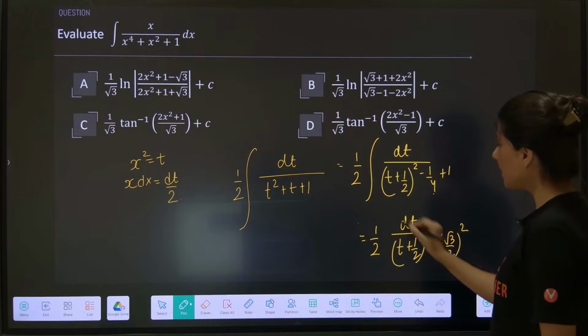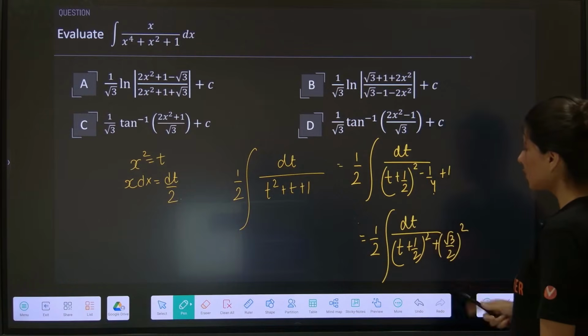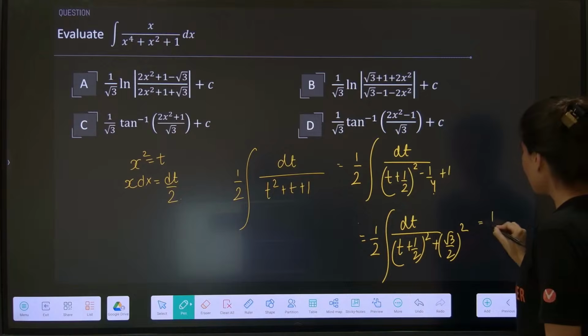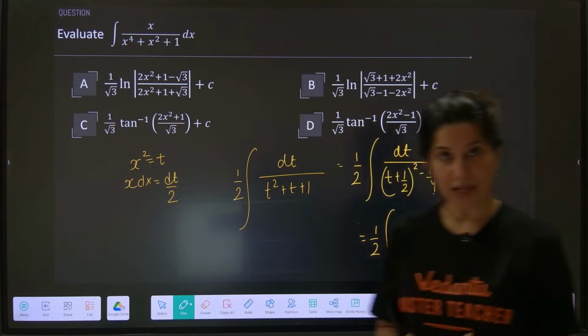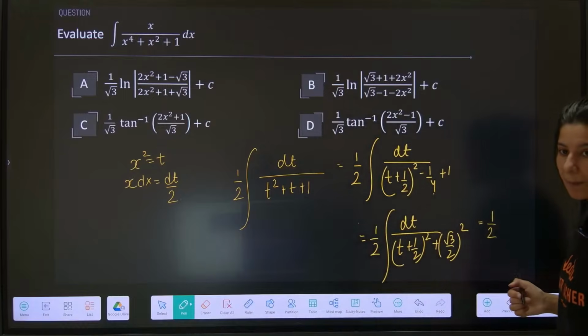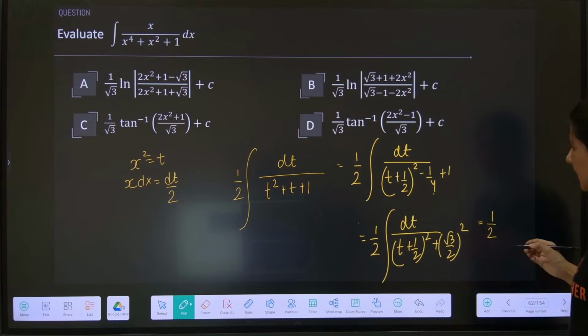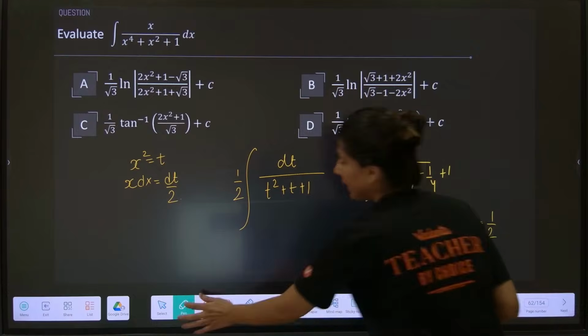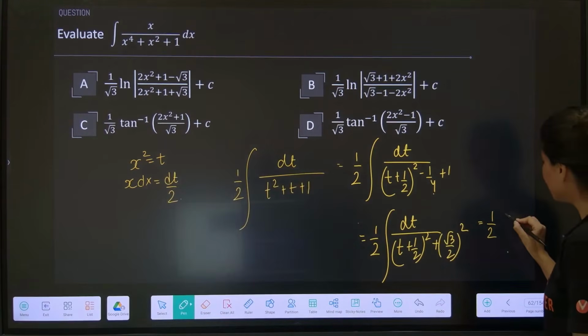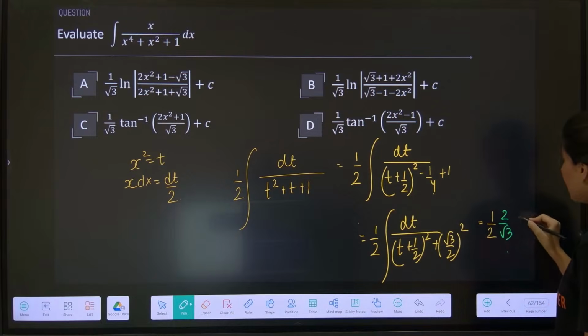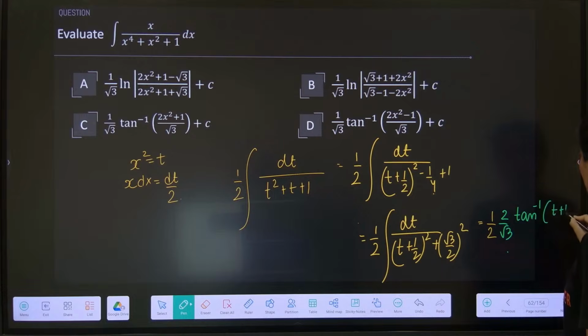Do you remember? This is 1 upon x square plus a square. So 1 by 2 is already there. What's the formula? 1 by a tan inverse x by a. So 1 by a, that means 2 by root 3. This is a. 1 by a tan inverse t plus half upon a.